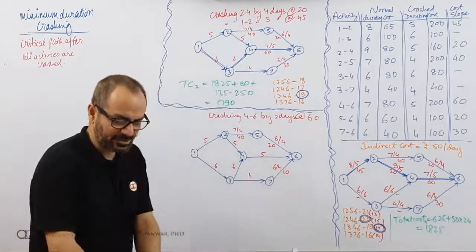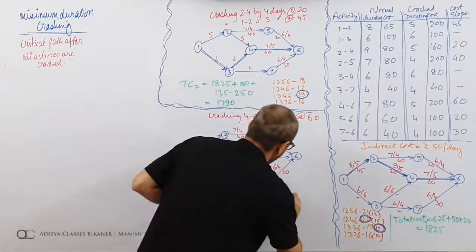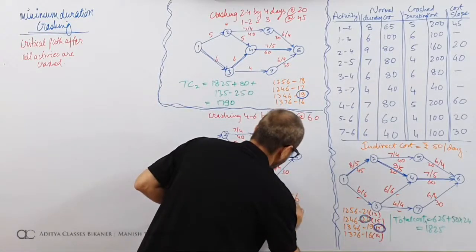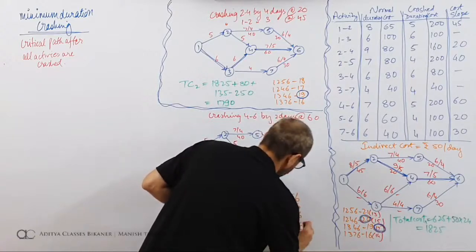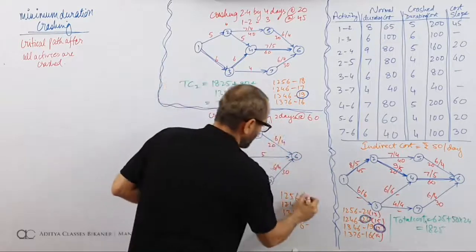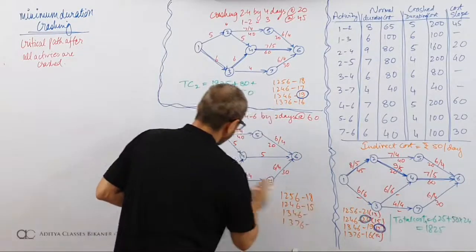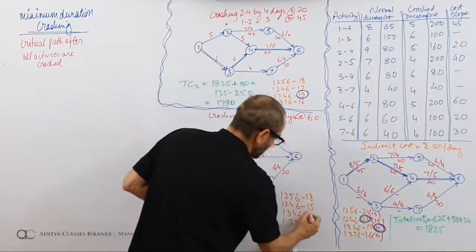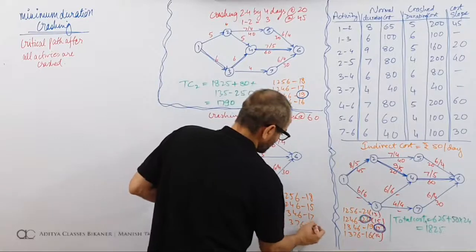Can I have my total cost and criticals? What about my criticals? 1, 2, 5, 6, 1, 2, 4, 6, 1, 3, 4, 6, 1, 3, 7, 6. 5 and 7, 12 and 6, 18. 5 and 5, 10, 10 and 5, 15. 6 and 6, 12 and 5, 17. 6 and 4, 10, 10 and 6, 16.